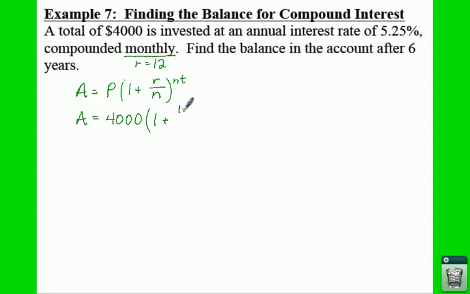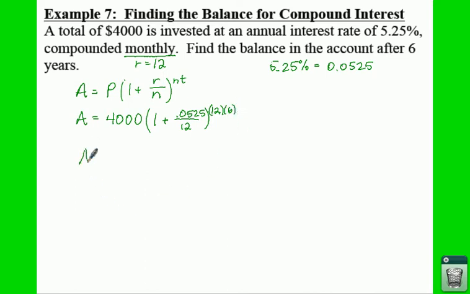We need to do that first. 12 is going to go underneath here for your N. Now your rate, since it is 5.25%, that means that as a decimal, that is 0.0525, and don't round that anywhere, but you actually have to use that 0.0525. And then you have your N on the outside, which is 12 times 6.